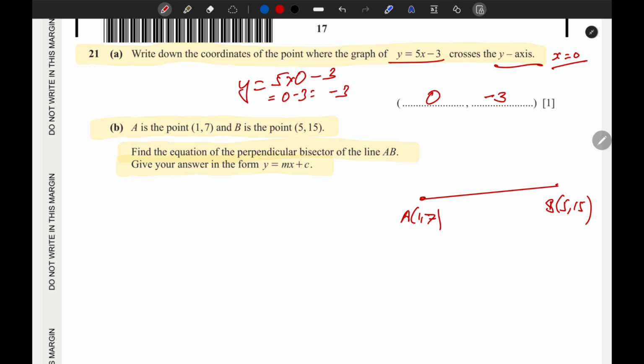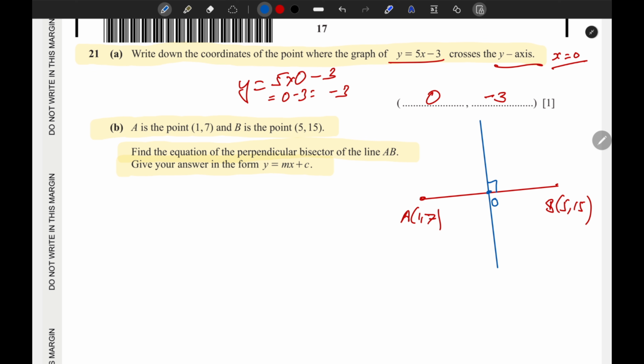The perpendicular bisector will make an angle of 90 degrees, and this point O is the midpoint of AB. So this line will have a slope perpendicular to this and will pass through the midpoint.